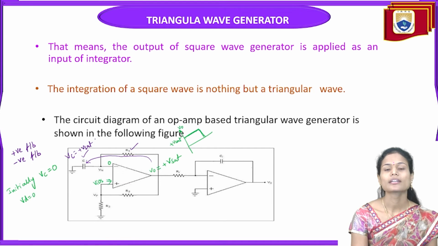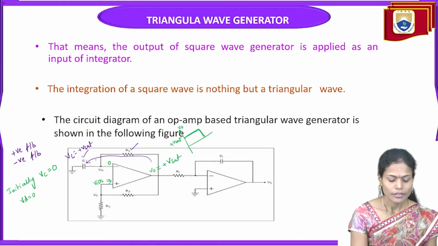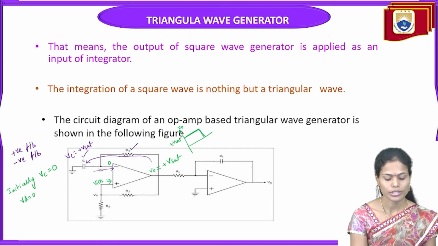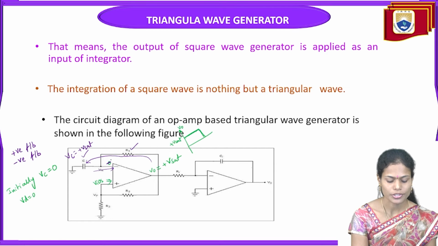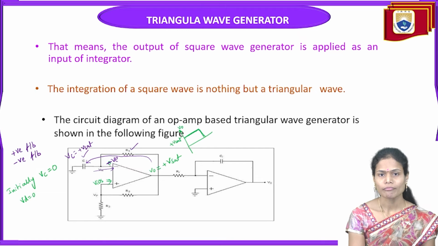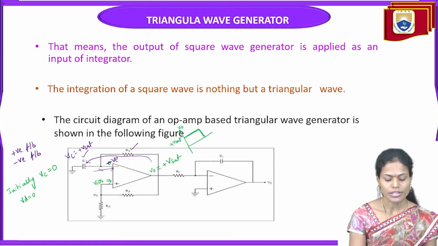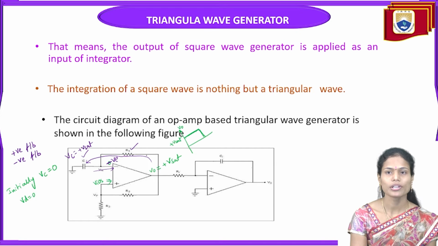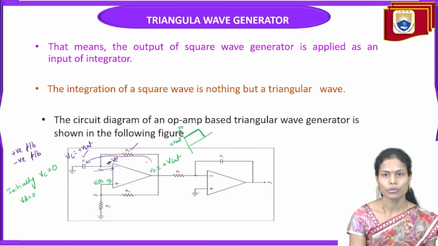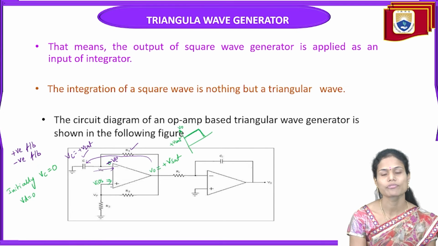But this capacitor voltage is connected to the inverting terminal, so a positive voltage is present across the inverting terminal of the operational amplifier. Once it is fully charged, this voltage is higher than the offset voltage present at the non-inverting terminal.